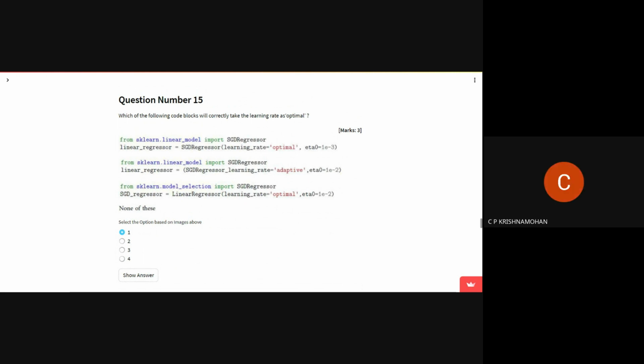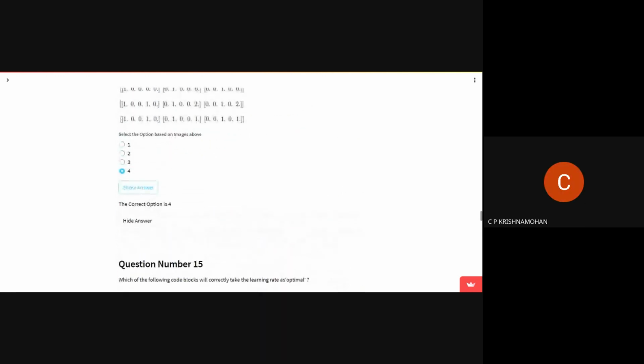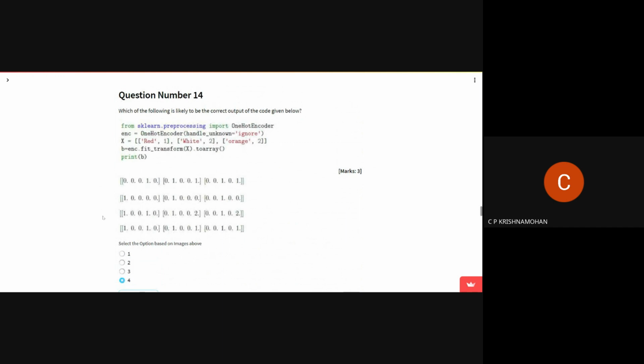Can you just explain the fourth one, ma'am? The answer for the fourth one? For the earlier one, fourth option, how is it the correct value? See, after using one hot encoder on this, there will be 5 categories. One is red, then white, then orange, then 1 and 2.